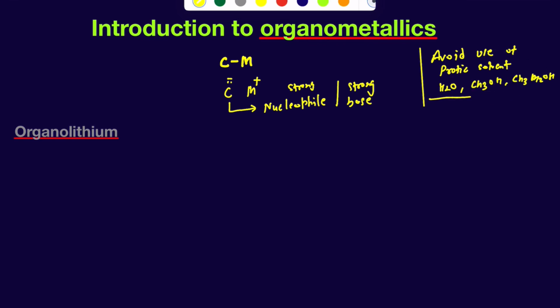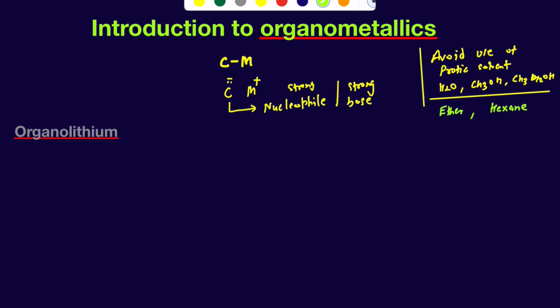The most common solvent used whenever we're running these organometallics, especially with the Grignards, is ether. And whenever we use organolithium, we typically use hexane or pentane or something like that. But I'll talk about those again. Those are not protic, so I don't have to worry about organometallics doing acid-base reactions in those cases.